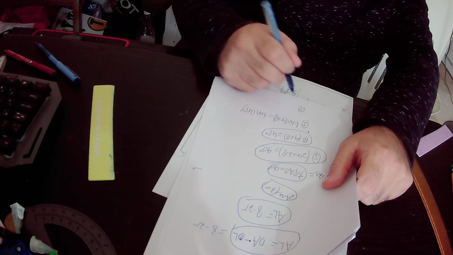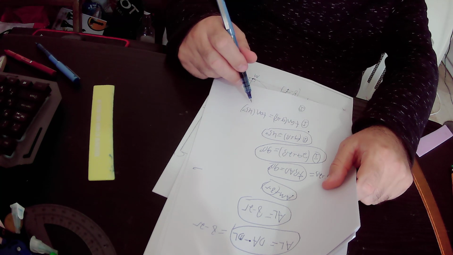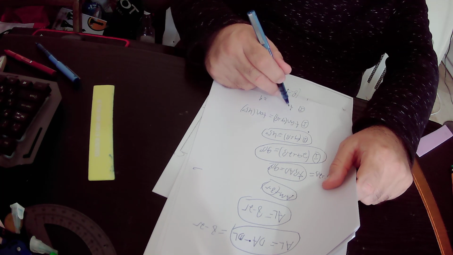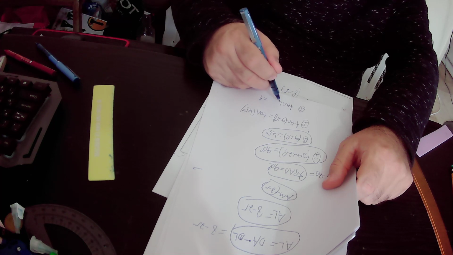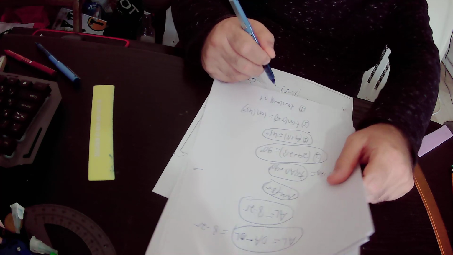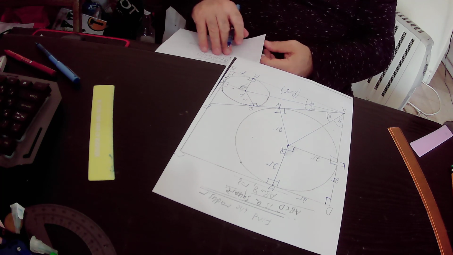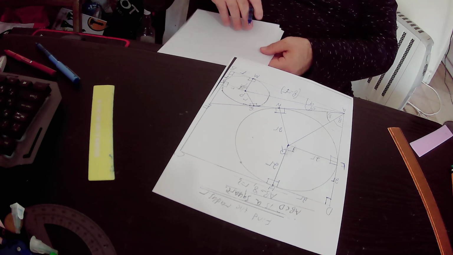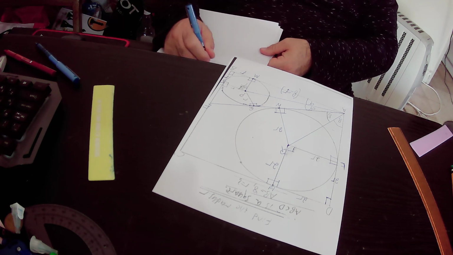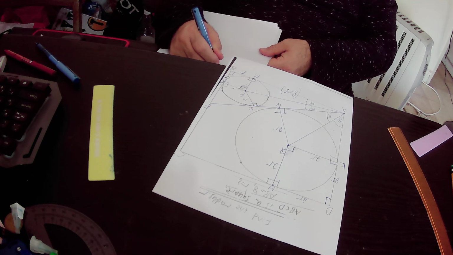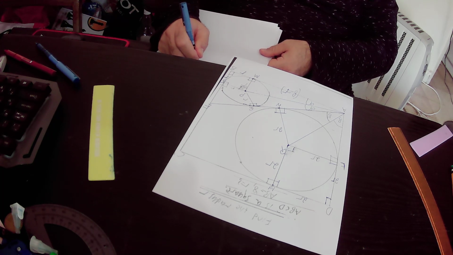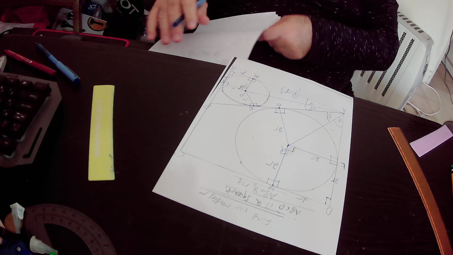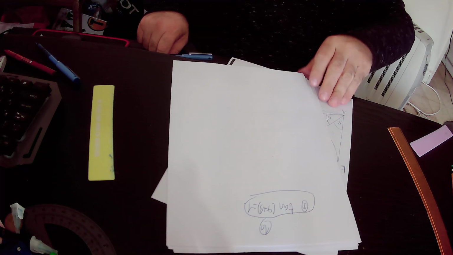And tangent 45 degrees is 1. So we found out, according to equation number 1, that tangent of alpha plus beta equals 1.